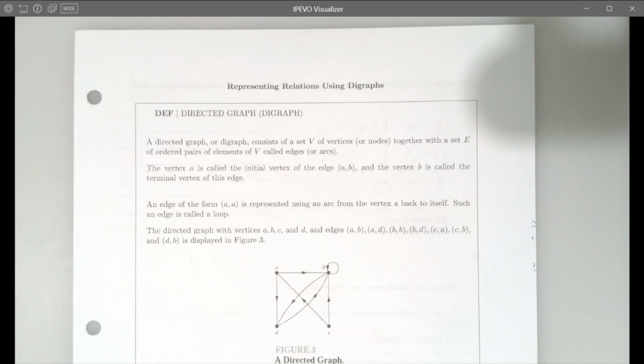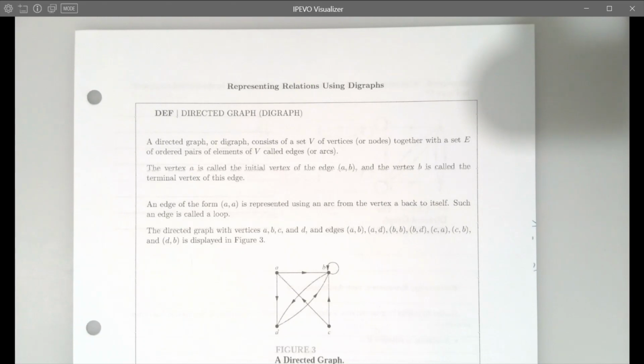A directed graph or digraph consists of a set V of vertices or nodes together with a set E of ordered pairs of elements of V called edges. So basically it is a set of vertices along with a set of edges. A vertex A is called the initial vertex of the edge A, B, and vertex B is called the terminal vertex of this edge.